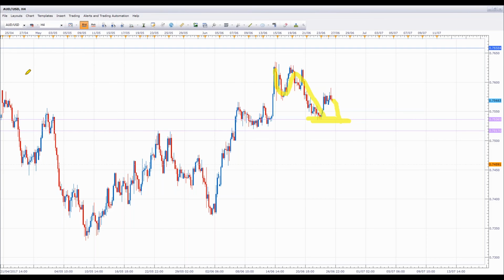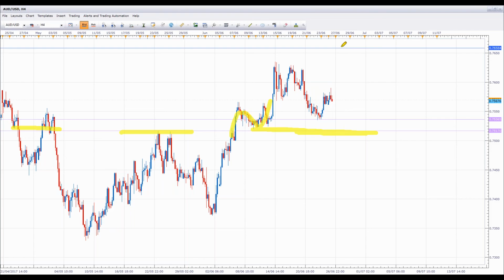And then if it does that, this is going to be a good area to start looking for bullish formations and patterns in this area, possibly even a pullback down to the 0.75170, which is a significant area of support. Was resistance over here, broke, acted as a support here, and now it could come back down and test this level again as a support area.